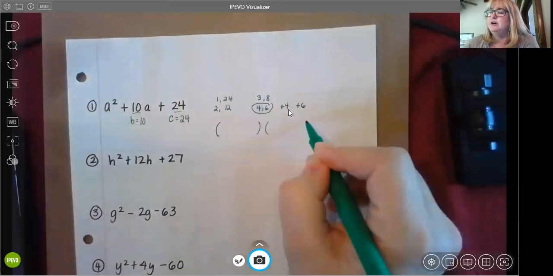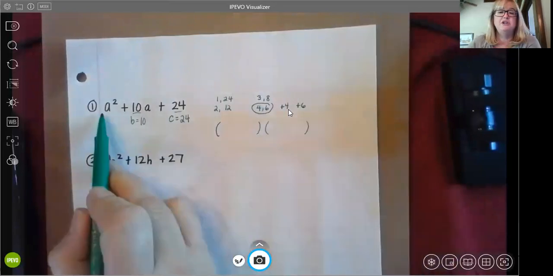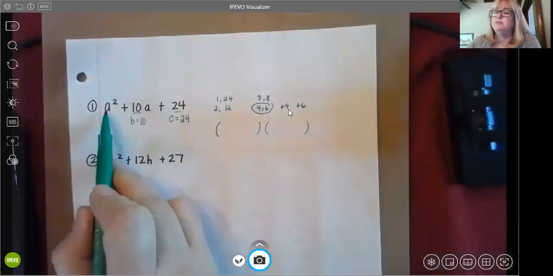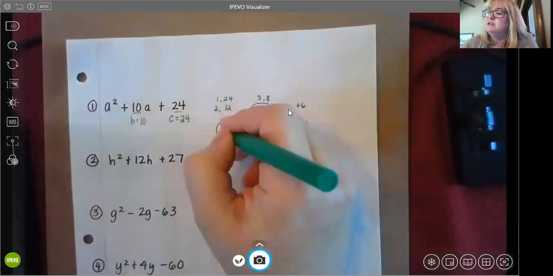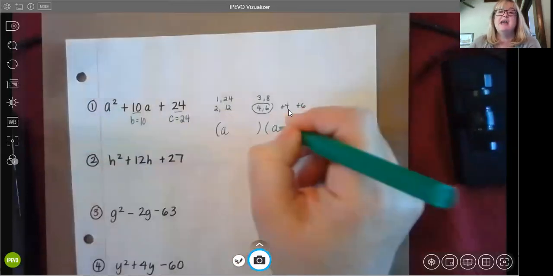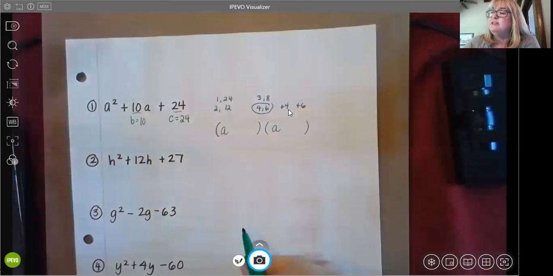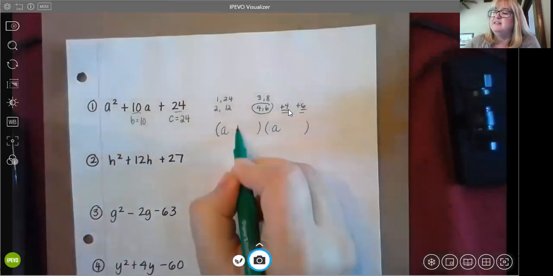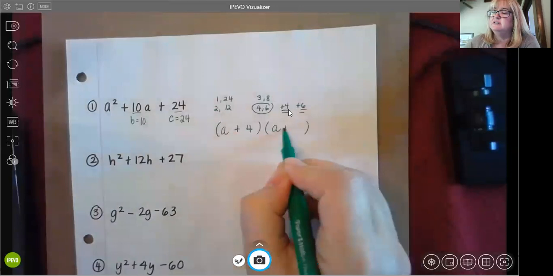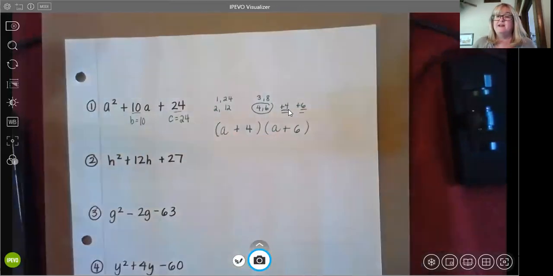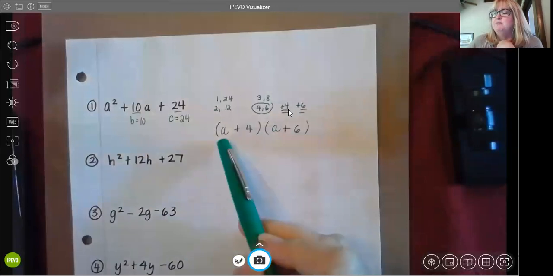Okay, so our leading coefficient is 1. It's a squared. So we know that the first term in our binomials has to be a. Once I know what these two are, then that's what the other factors are. So a, and we can check it.